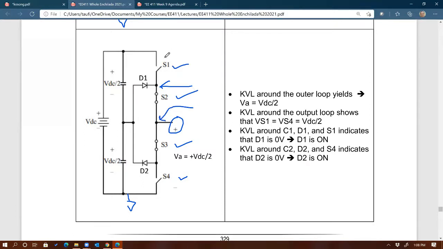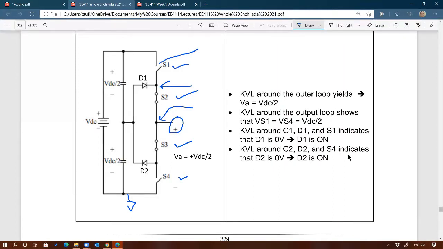If that is the case, then the voltage from, let's say, X to Y should be the same as the voltage from X to VA, because Y is equal to VA. Agree? So this node should be the same as that node. It's shorted right there. Therefore, the voltage from X to Y should be the same as the voltage from X to VA. What is the voltage at X? Well, that's VDC right there, right?